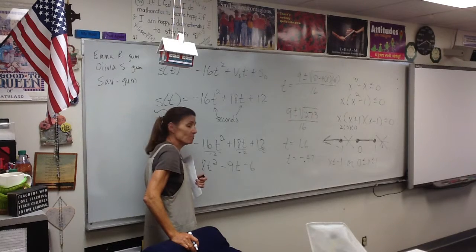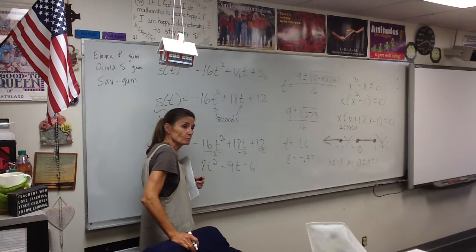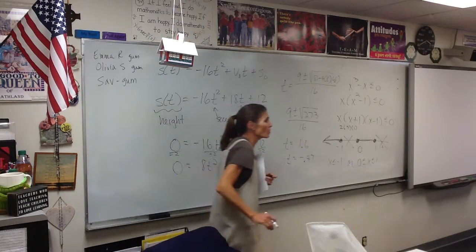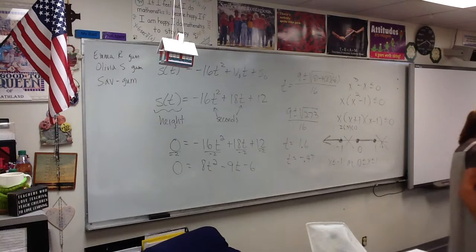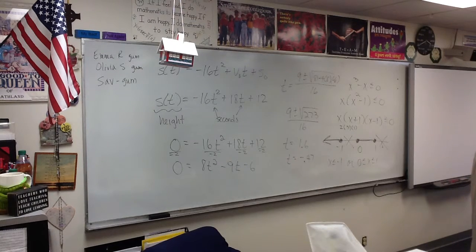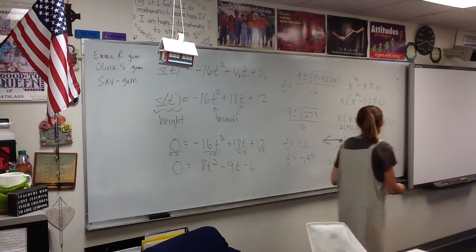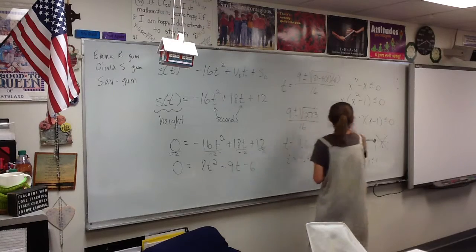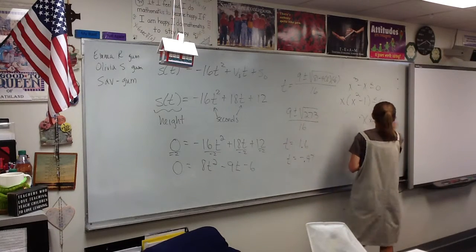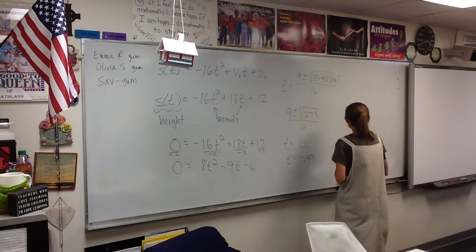Tell me about negative 0.47. You can't have it. Well, what was the question? When is the ball on the ground? Negative 0.47 seconds? No. Keep in mind what this picture looks like, kids. The ball, we threw it from the top of the building. So it looks like this.